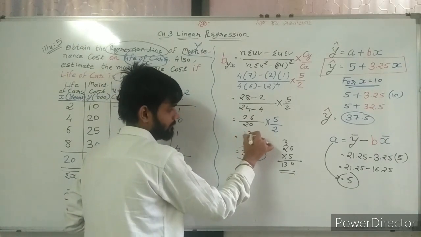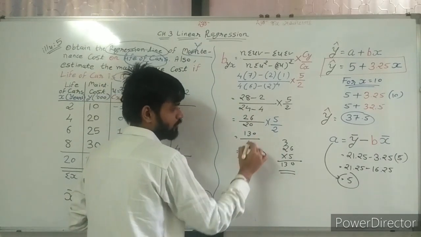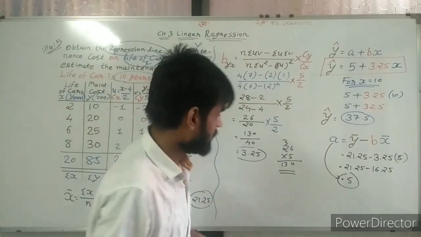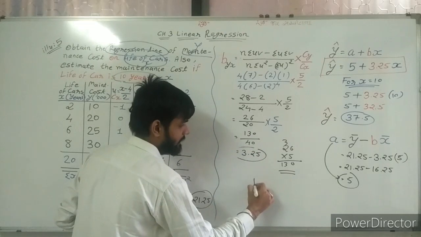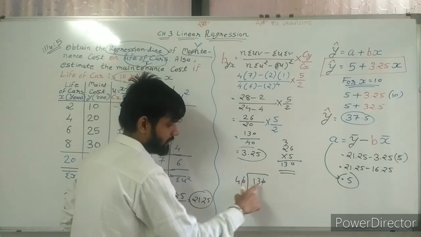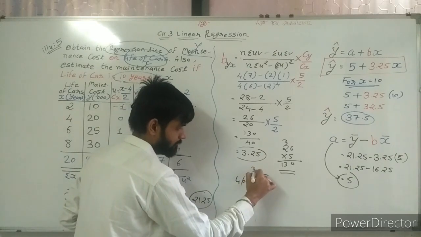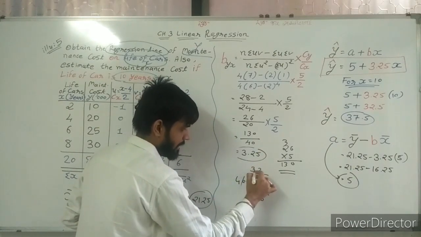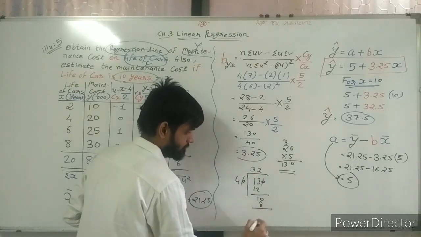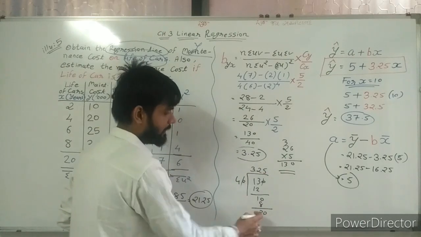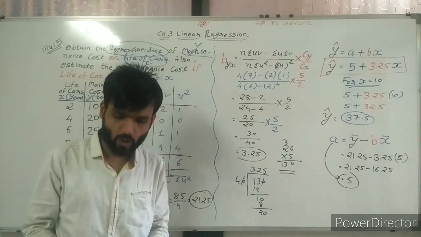So 130, divided by 20 into 2, 40. So 130 divided by 40, the 0s cancel. 13 divided by 4: 4 3s are 12, remainder 1, 4 2s are 8, again 2, 4 5s are 20. So 3.25 will be your answer.